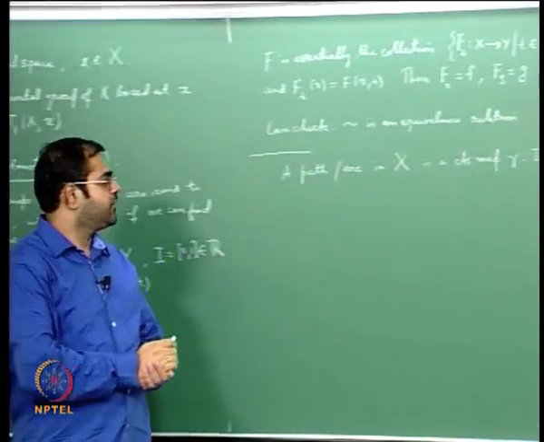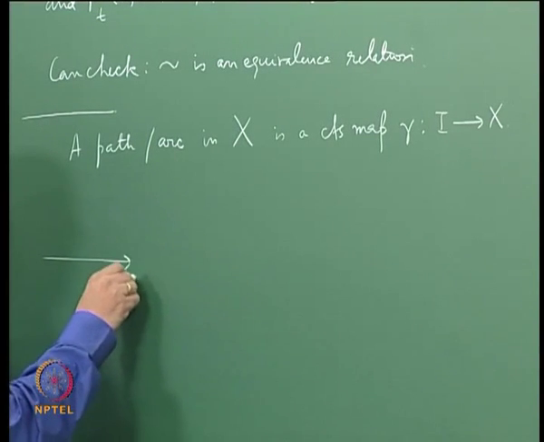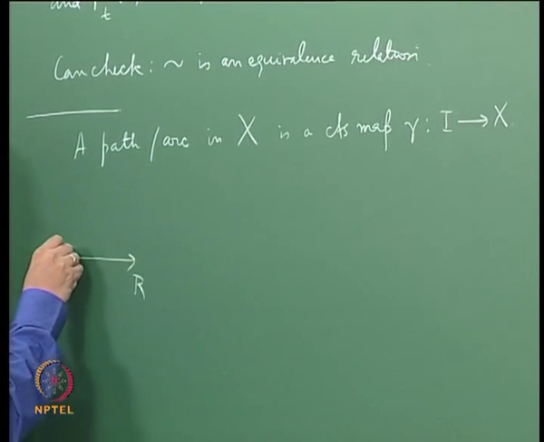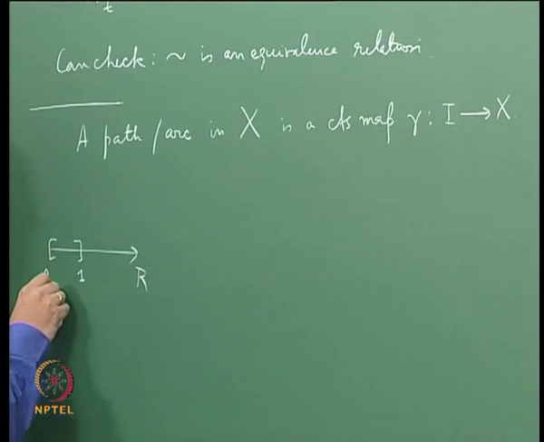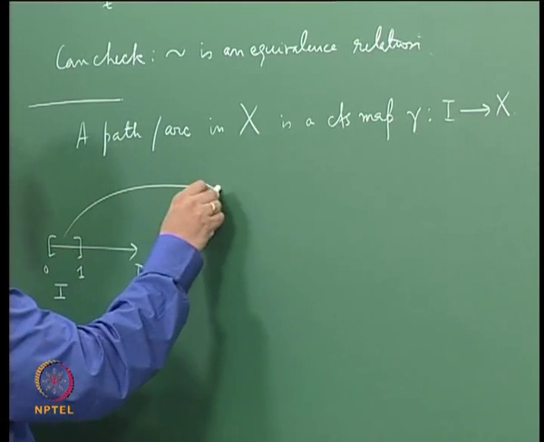Okay, so basically you picture it like this. Here is a real line, that is this closed interval [0,1] which is I, and you have this map gamma.